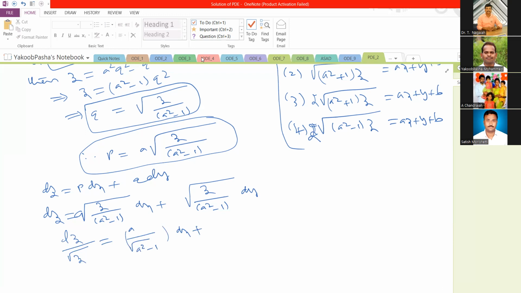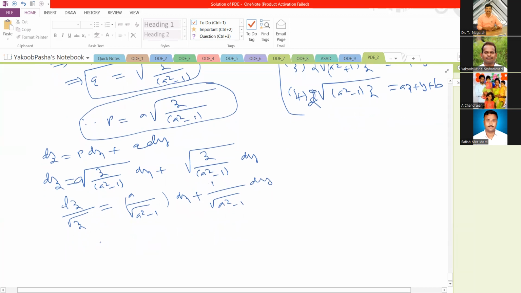dz by root z is equal to a by under root of a square minus 1 dx plus 1 by under root of a square minus 1 into dy. So integrating 1 by root z, 2 root z is equal to ax by under root of a square minus 1 plus y by under root of a square minus 1, plus an arbitrary constant b.